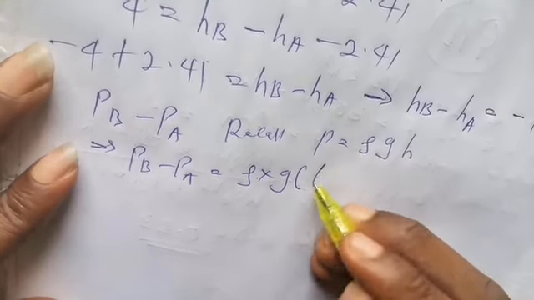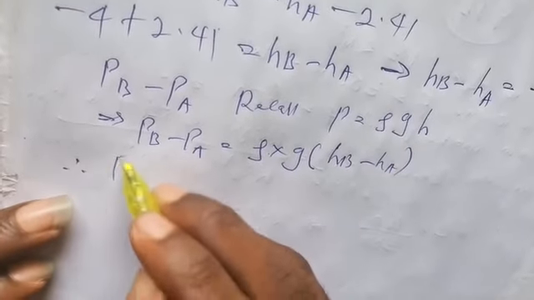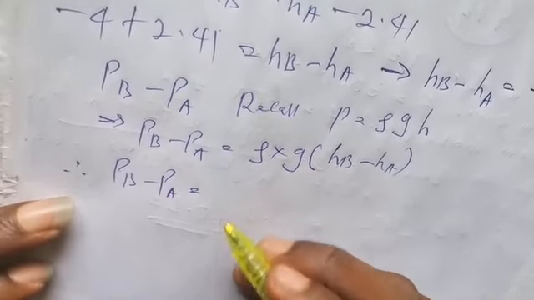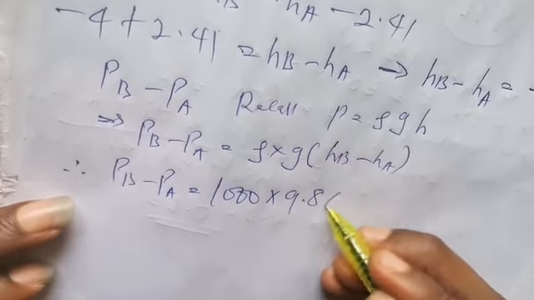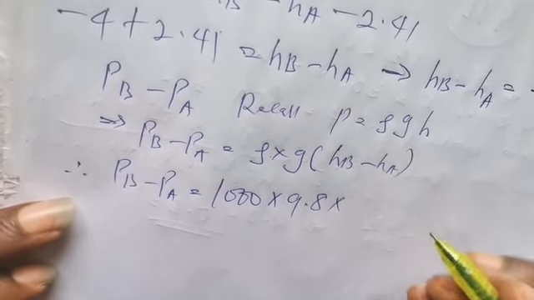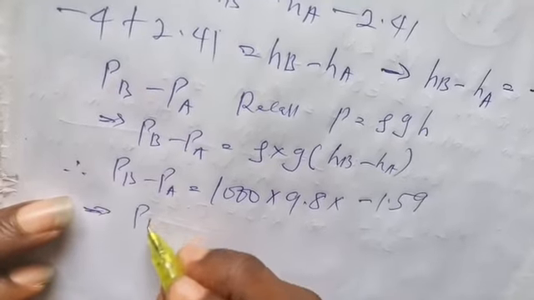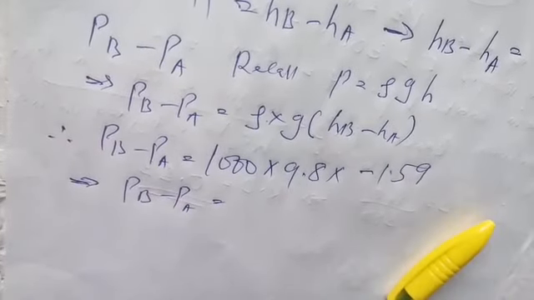So PB minus PA is equal to the density of water, which is 1000, multiplied by gravity, 9.81, multiplied by the height difference, which gave us minus 1.59.